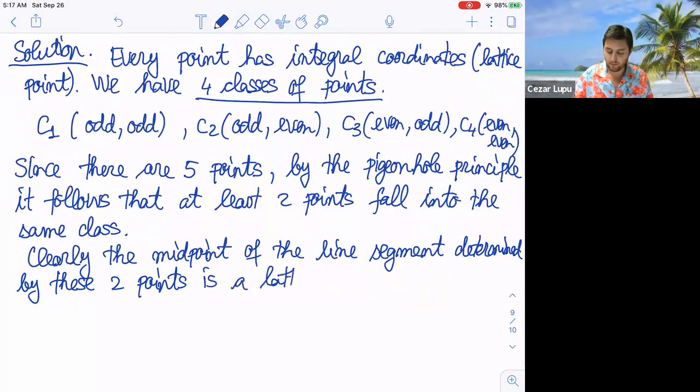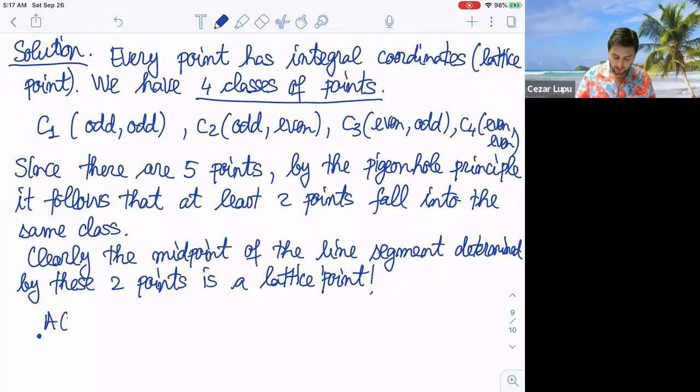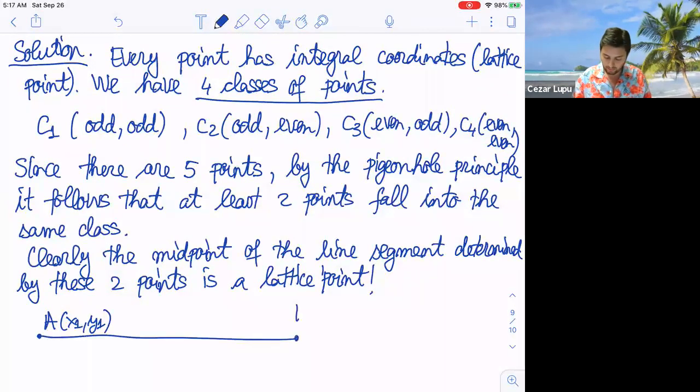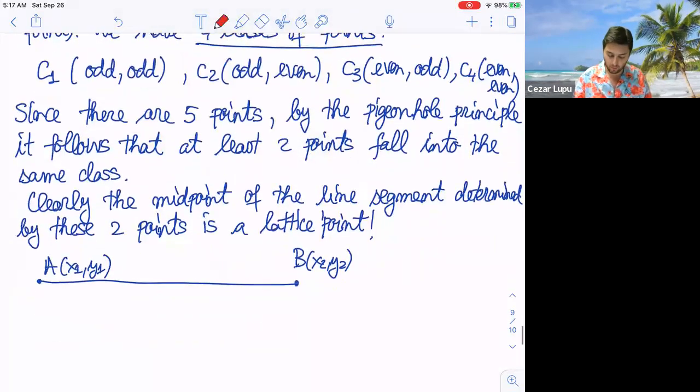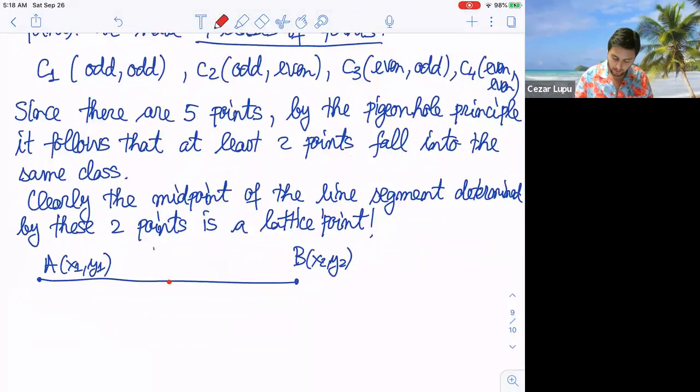Let me explain why that is clear. If you have 2 points, let's say A with coordinates x1 and y1, and B with coordinates x2 and y2, then the midpoint M, from analytic geometry, from Calc 1, will have the coordinates (x1 + x2)/2 and (y1 + y2)/2.